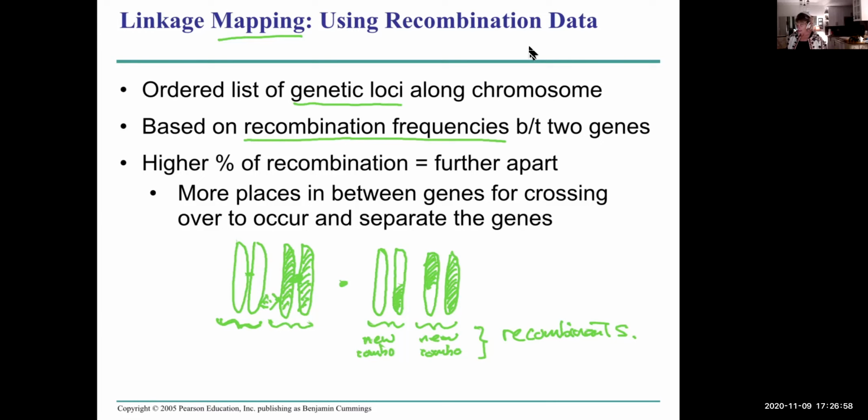So in this case, for example, say we have a gene here and here. I'm going to give that a different color.